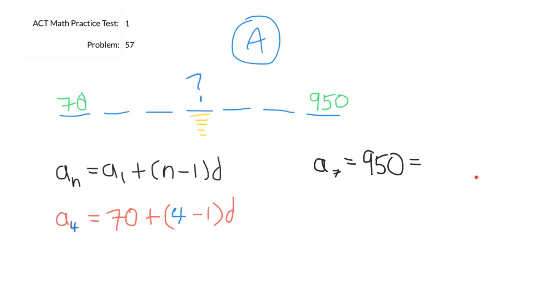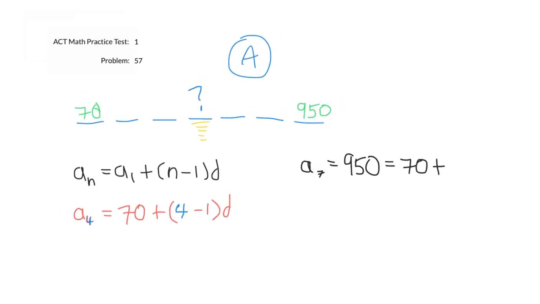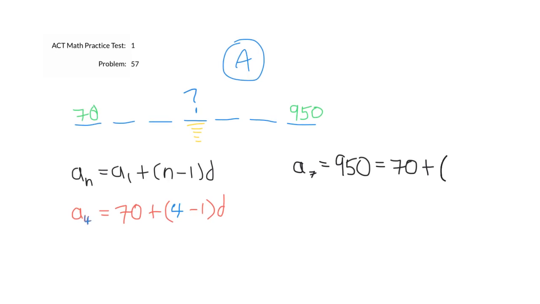Okay? We also know that A sub 7 equals A sub 1 plus n minus 1 d, but we already have A sub 1. It's 70 plus n minus 1. So the 7, I'll write in blue down there. It's going to be 7 minus 1 times d. Okay?